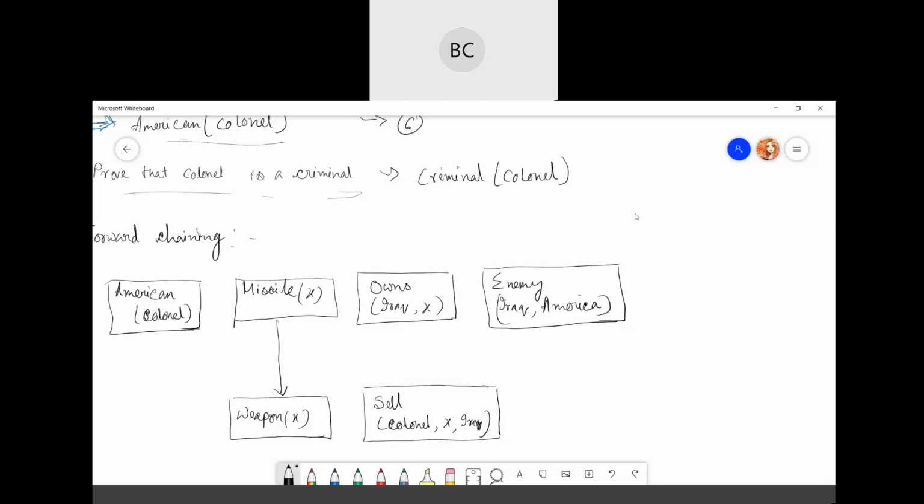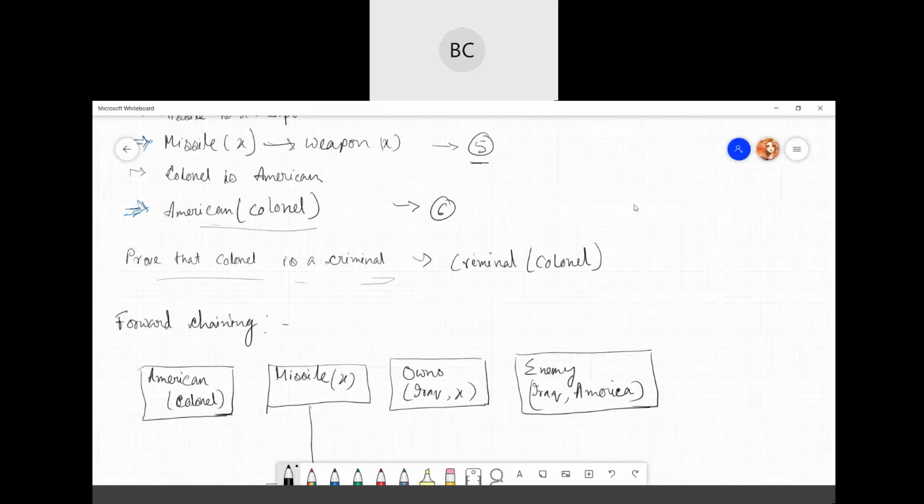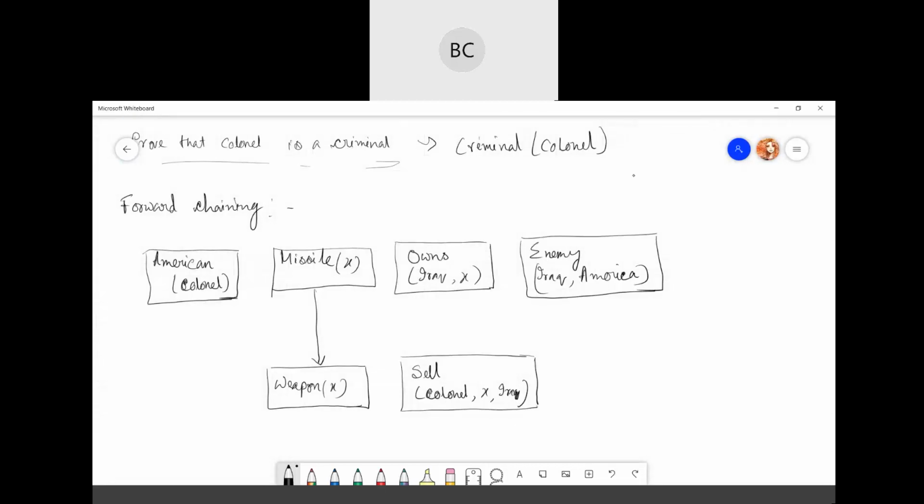Remember, in substitution we can just substitute one symbol with the other one. So here it will just be the same: missile X and owns Iraq X implies that colonel sells X to missile. Correct? So these are just the same, and this thing is coming from both.